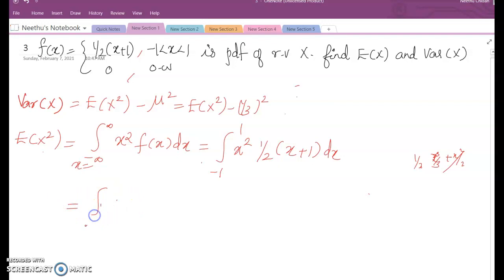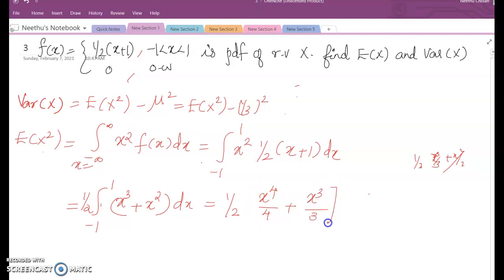That is equal to integral minus 1 to 1, 1 by 2, a constant, into x square into x plus 1, that is x cube plus x square dx, that is equal to 1 by 2 into x raised to 4 by 4 plus x cube by 3, from minus 1 to 1.